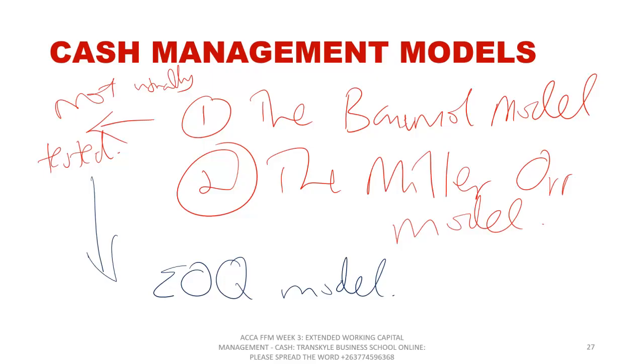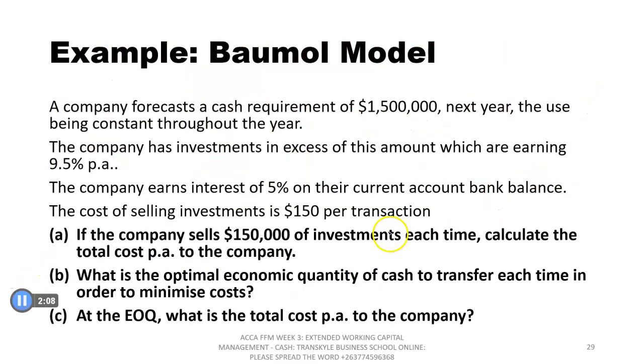Let me take this code. So, ladies and gentlemen, the best way to master the Baumol model is to go through an example. So let us go there. This is the example we need to do.